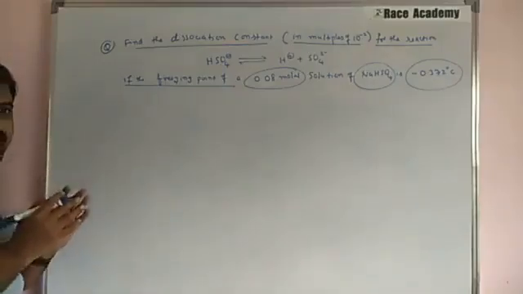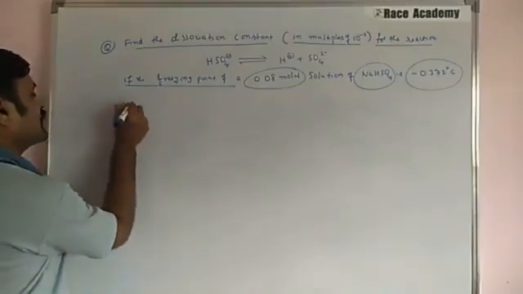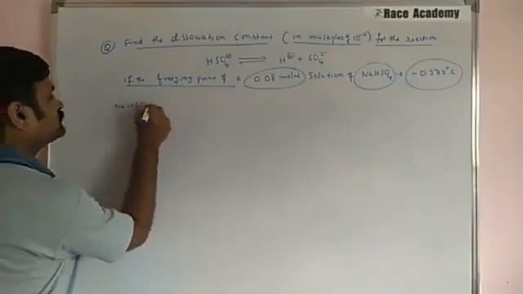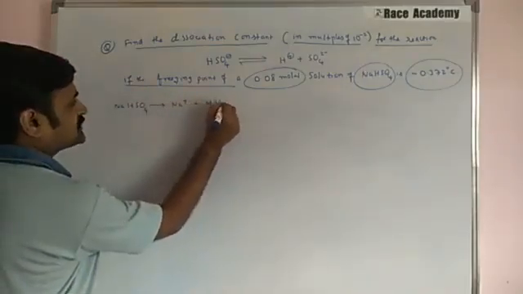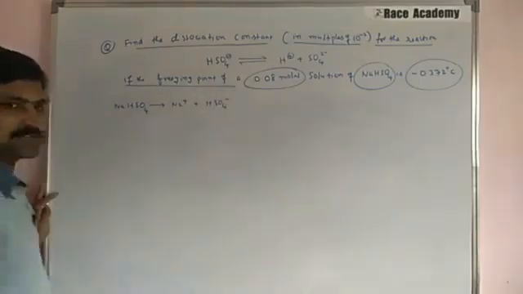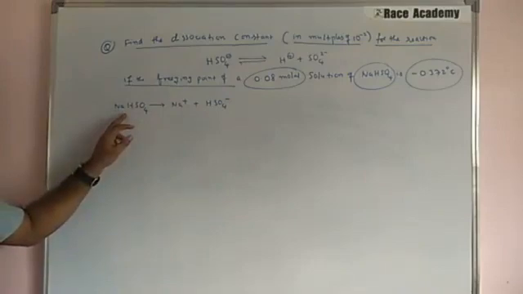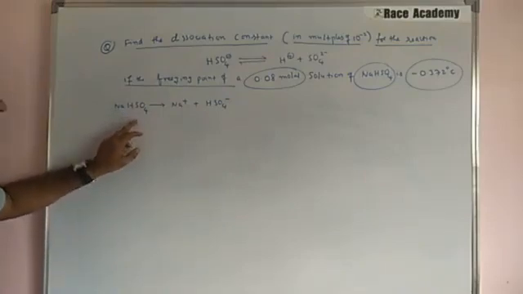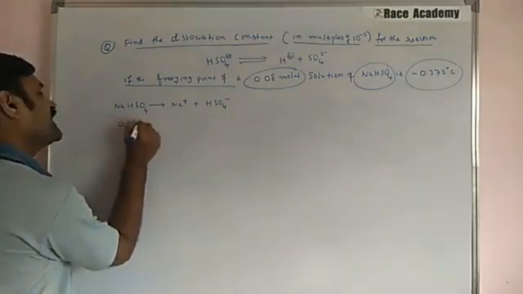From the question, we can easily tell how sodium bisulfate dissociates. That is NaHSO4 gives Na plus plus HSO4 minus. This is the dissociation of sodium bisulfate. The given concentration of sodium bisulfate, we have to remember, is 0.08 molal.